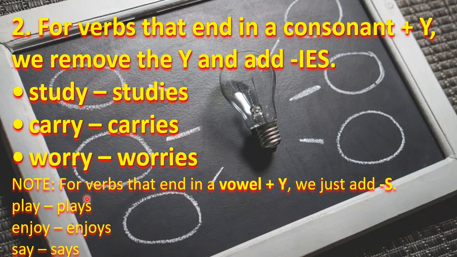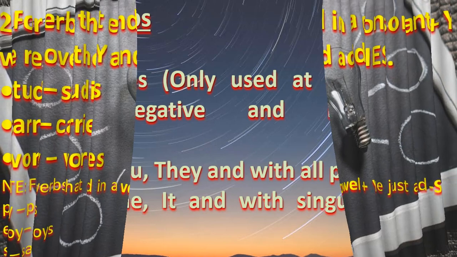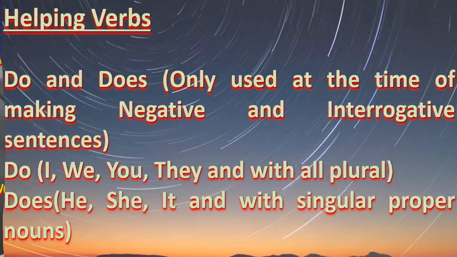Same is the case with carry, carries; worry, worries. Note, for verbs that end in a vowel plus y, we just add s. For example, play, plays; enjoy, enjoys; say, says.